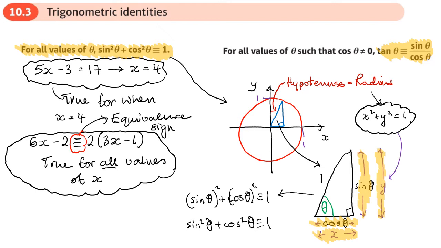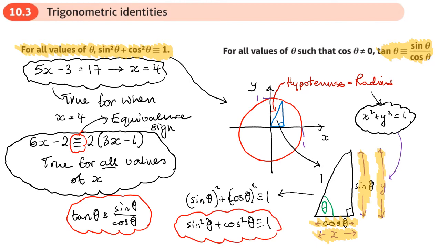So we get that second identity, which is tan theta is equivalent to sine theta over cos theta. And we're going to be using these identities to help us solve different problems.